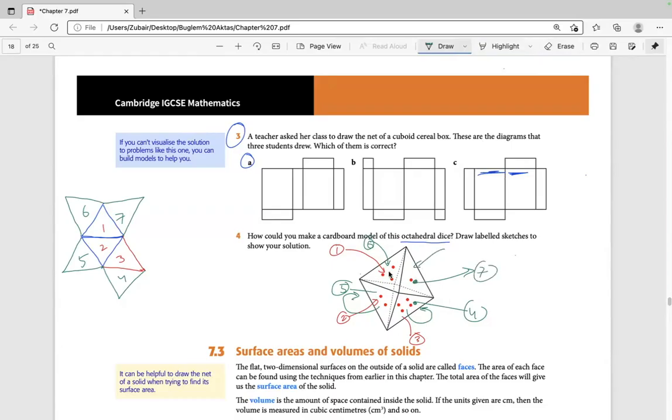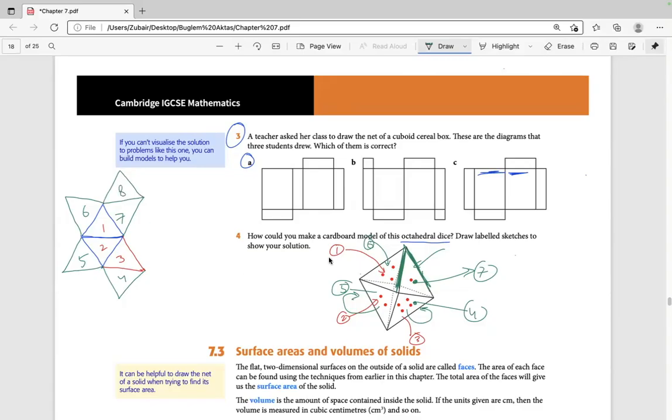Now it is our choice. We make it with 6 or 7. So this is the side which is with 1 and 7. We can see it on the 2D shape. And this is going to be between 7 and 8, which is this right here. So it's our choice. We consider it with 7 or we consider it with 6.